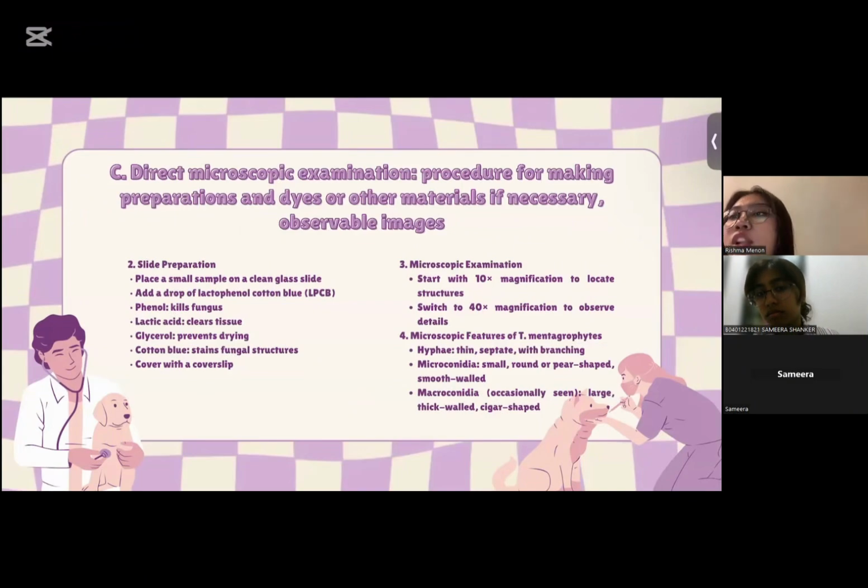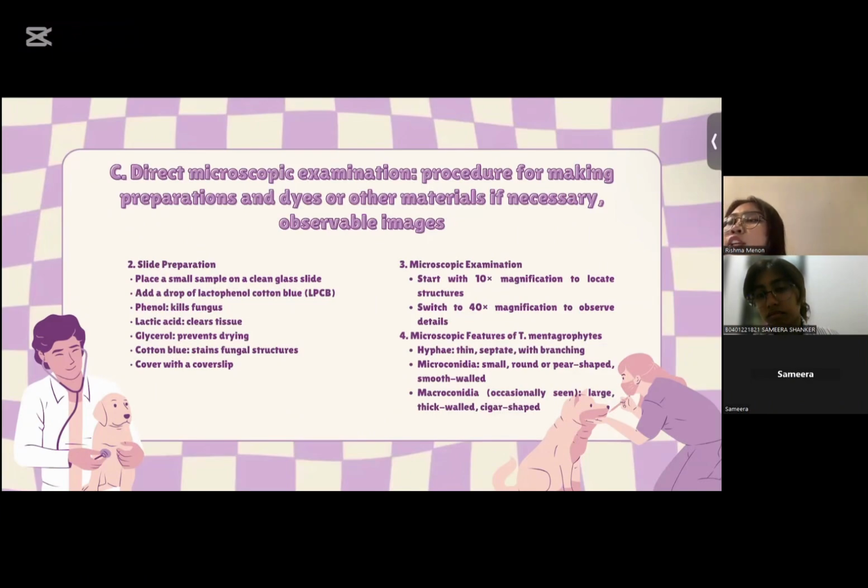The phenol kills the fungus, and we also add lactic acid to clear the tissue and glycerol to prevent drying. The cotton blue stains the fungal structures. Next, cover with the cover slip. Then for the microscopic examination, start with 10 times magnification to locate the structures and switch to 40 times magnification to observe the details.